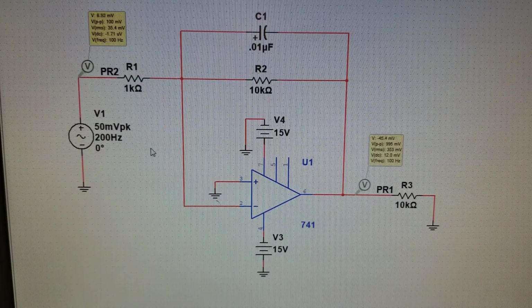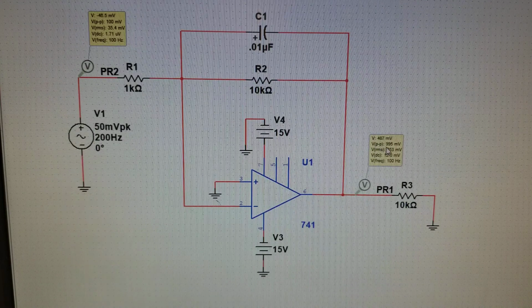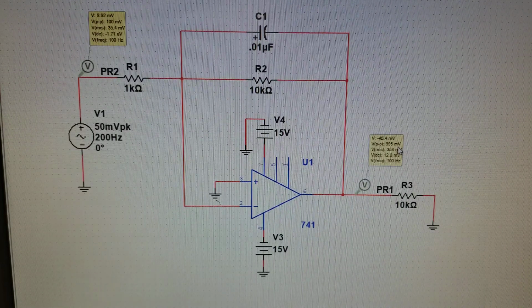So I've changed the frequency so we could do the next row on the table to 200 hertz. You can see that our input voltage peak to peak is still at 100 millivolts. And our output voltage is at 995 millivolts. So you can pretty much round that up to 1 volt. To find the voltage gain and the voltage gain in decibels, refer back to those formulas and then fill out the next 2 boxes.